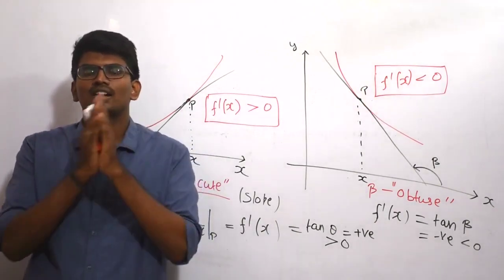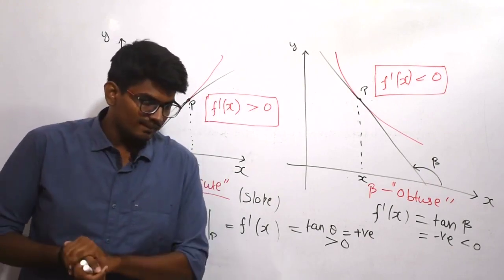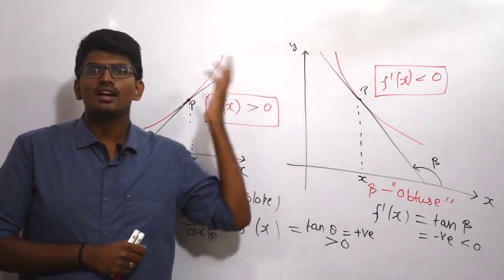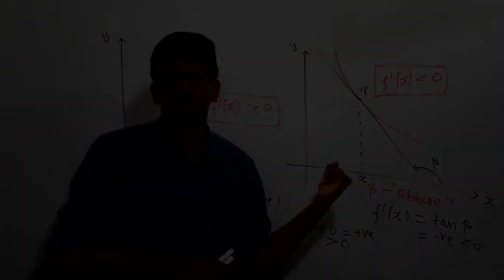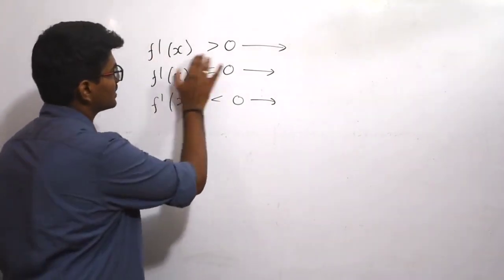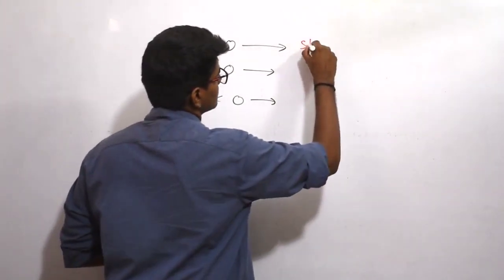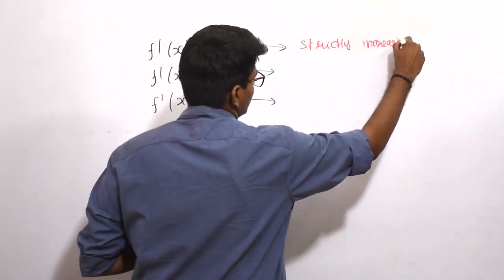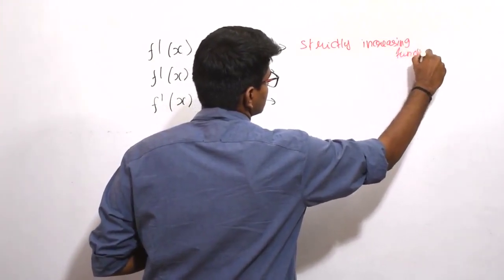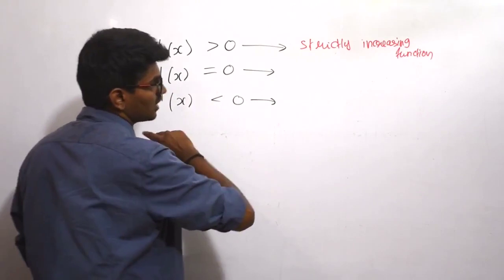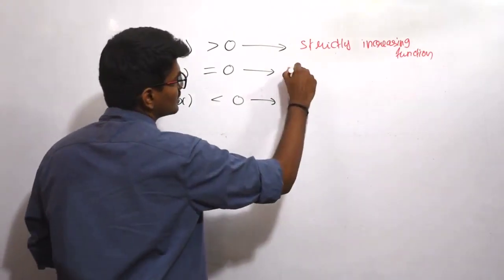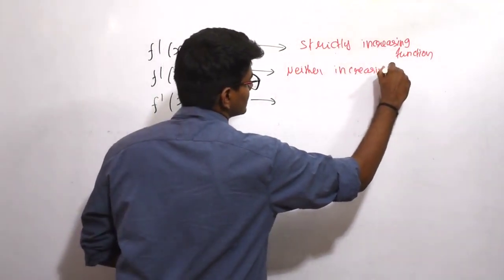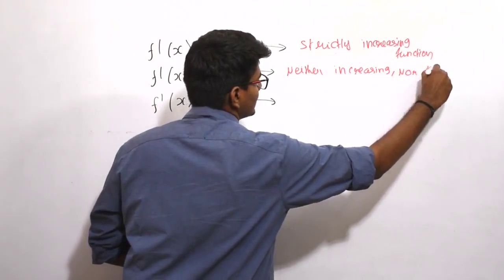So now we will go for the next case. We have seen strictly increasing and strictly decreasing, and then I will give you the remaining cases, increasing and decreasing function too. See, if f dash of x is greater than 0, it is a strictly increasing function, and if f dash of x is equal to 0, the line is going to be straight, which is neither increasing nor decreasing.